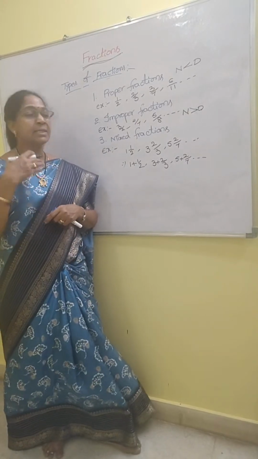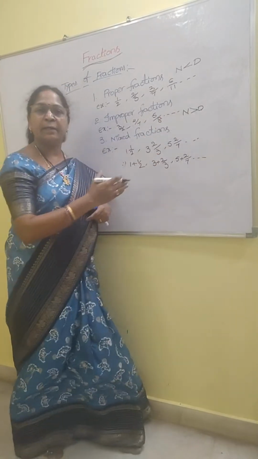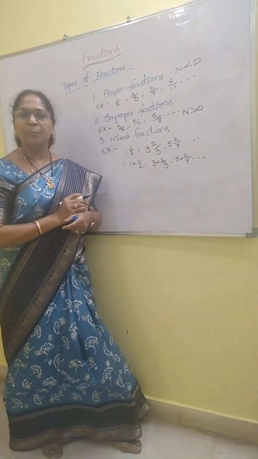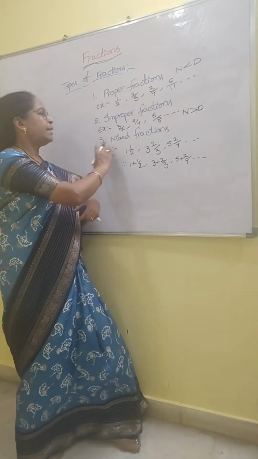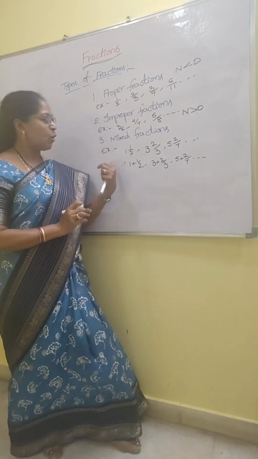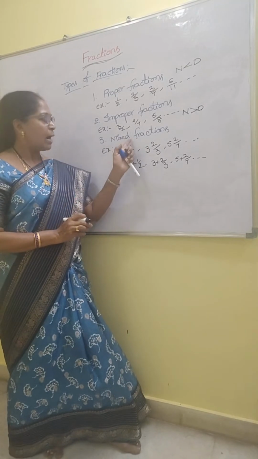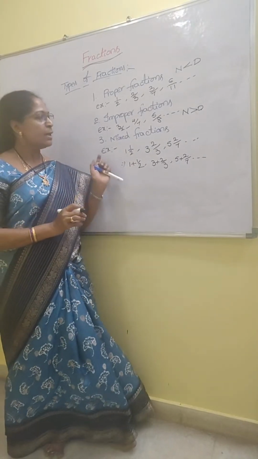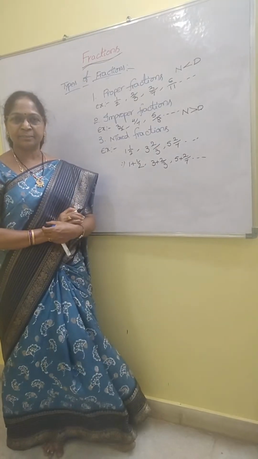Then those fractions we call it as improper fractions. Like that, third one is mixed, means combination of whole number and the proper fractions. These fractions we call it as mixed fractions.